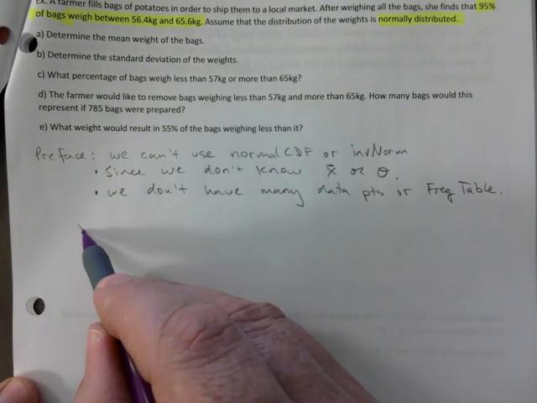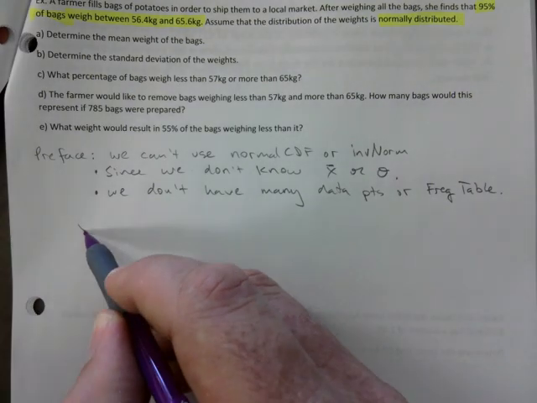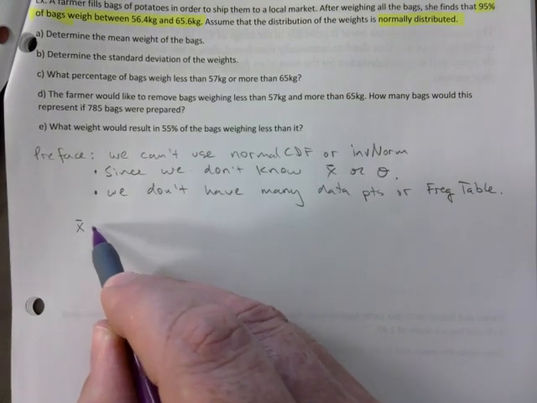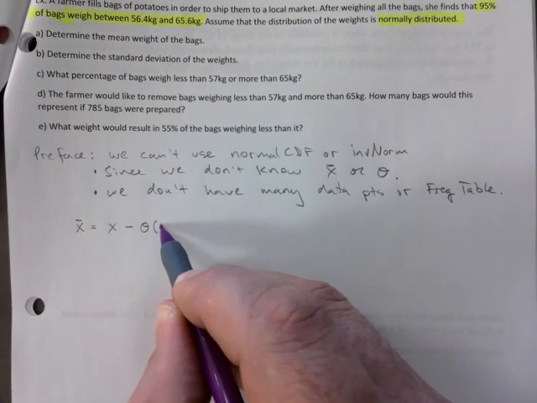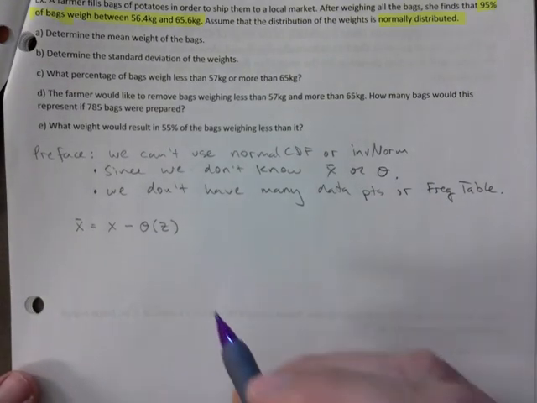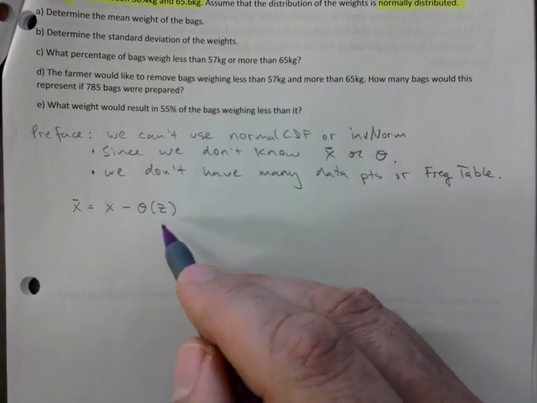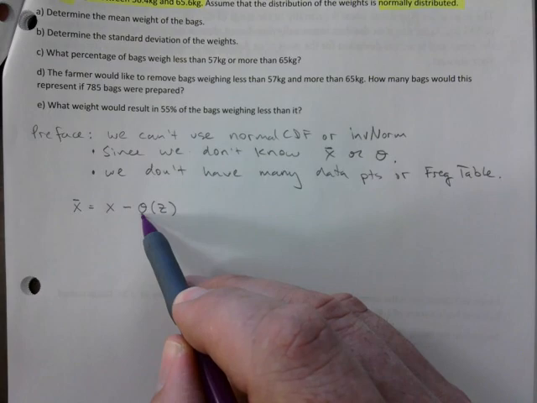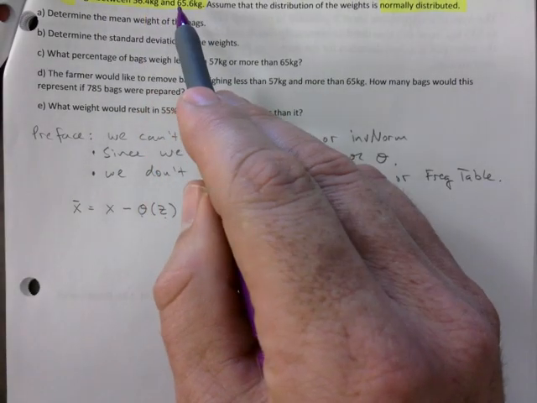So to find the mean, can I find the mean right off the bat? Let's try it. The mean is value minus standard deviation times z. But you don't have the standard deviation, you don't have a z-score, and you could use one of these values, okay?